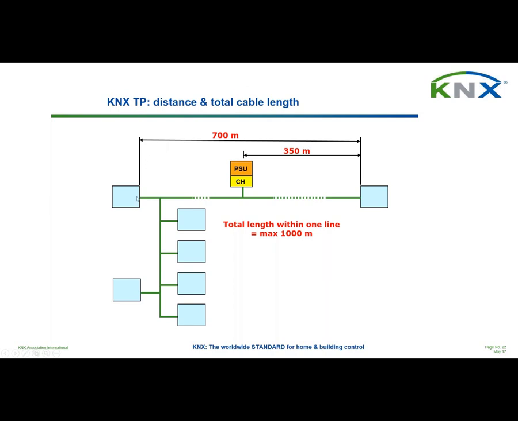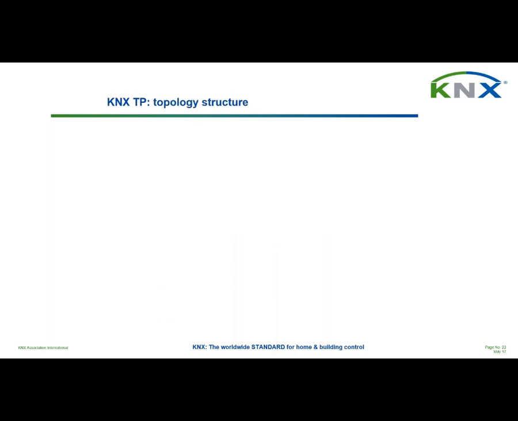Also, the distance between two end devices, one on each end of the line segment, shall be 700 meters. And the total length within one line segment is maximum 1000 meters. So the total cable length used within one line segment is 1000 meters.